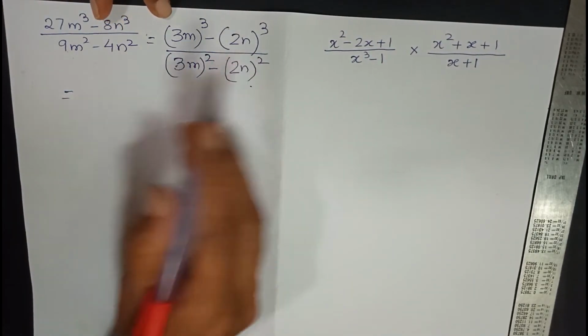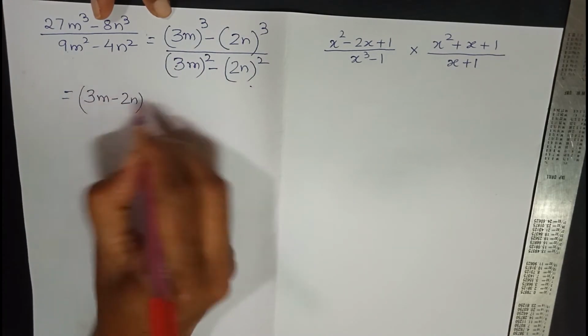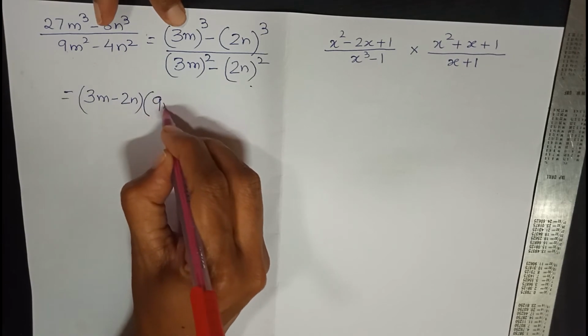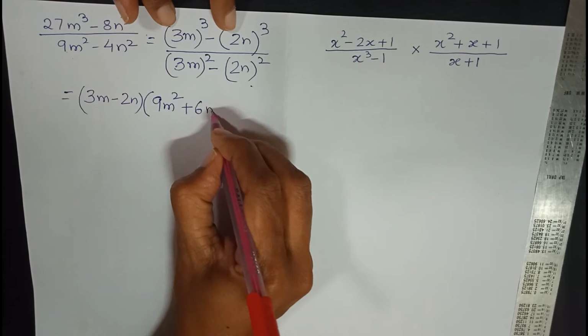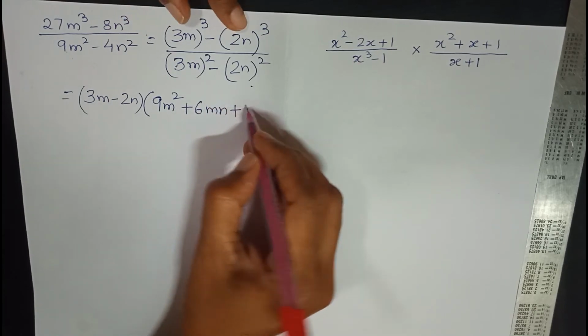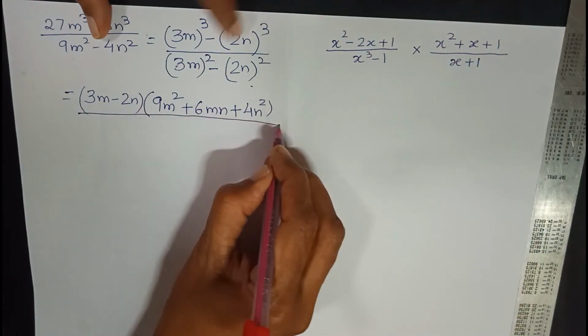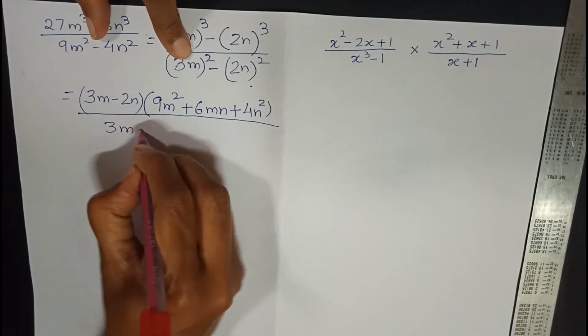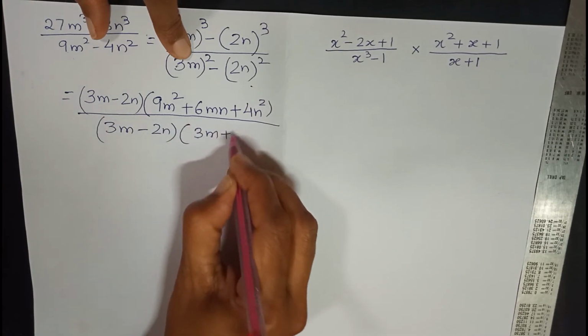So first we write it properly so we know how to expand it. Now this is a cube minus b cube. So a minus b formula. Next a square, that is 9m square, plus ab 3 into 2 6mn plus b square, 4n square, upon, this will be a minus b, a plus b.